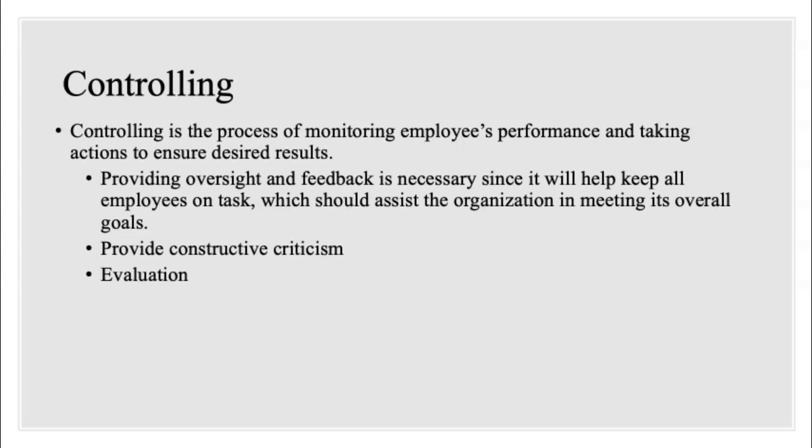Controlling is about understanding how we'll be able to examine the process, right? We try to provide constructive feedback, which is necessary for all the employees who got involved in the process. Let them know whether they're doing a great job or there's some room for improvement.